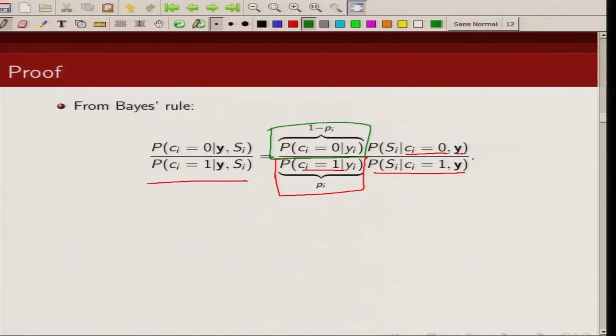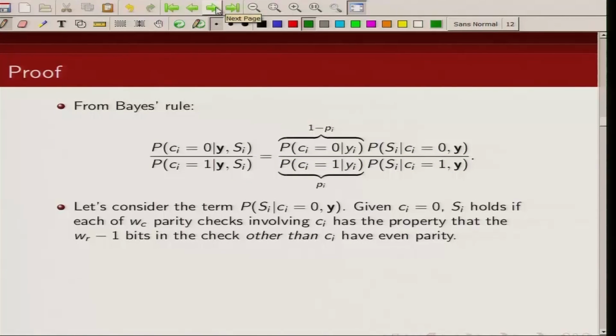Okay. Now, let us pay close attention to these terms then. So, what is this? Given that my code bit Ci is 0, when will the parity check constraint involving Ci be satisfied? It is when the sum of other parity bits involved in the parity check constraints adds up to have even parity, right.